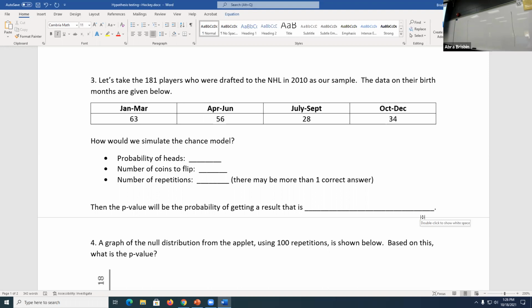Let's do this 1,000 times and see what we get.